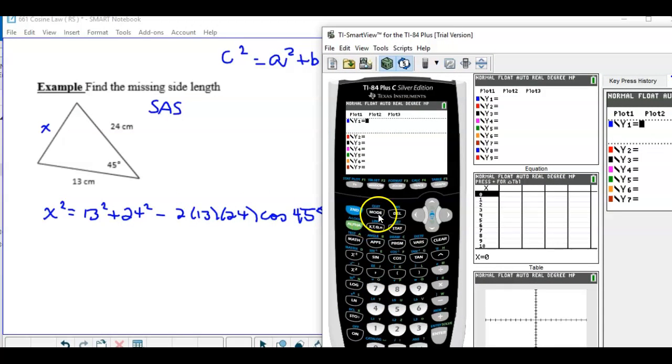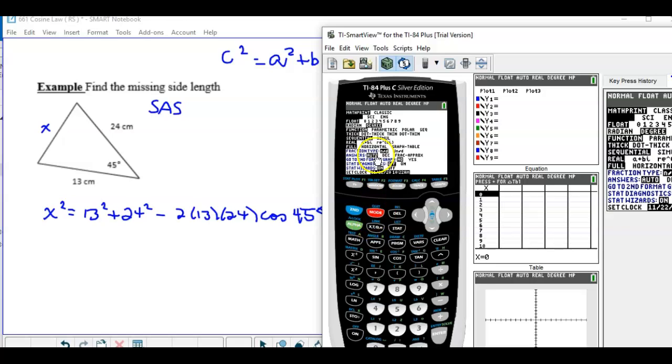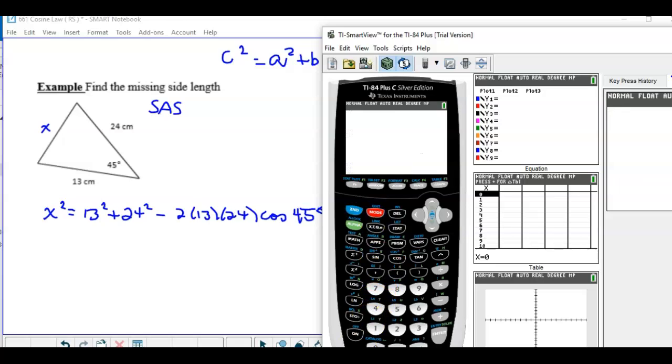Get out your calculator, go to your mode key, make sure it's in degree mode, then go to your calculate screen and enter in the values. So 13 squared plus 24 squared minus 2 times 13. I use times, it's a little bit faster than the brackets.